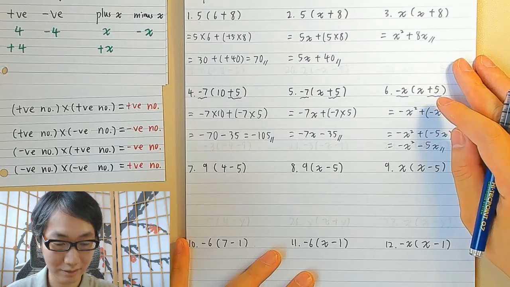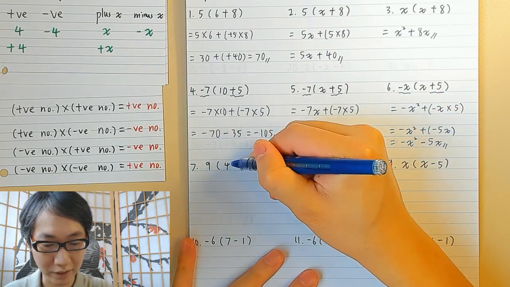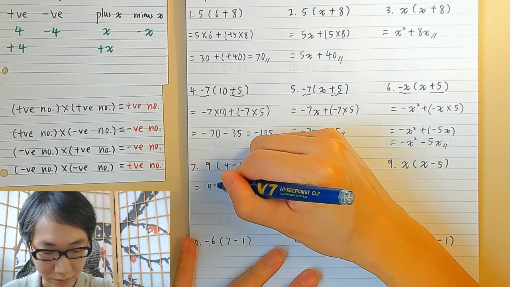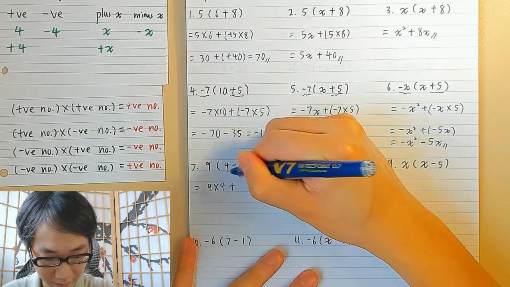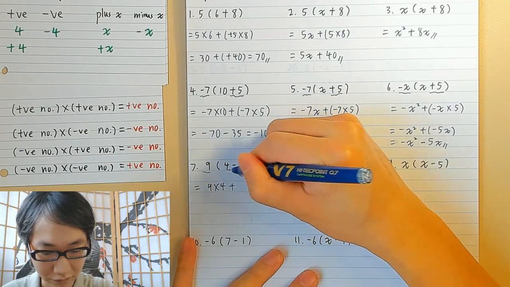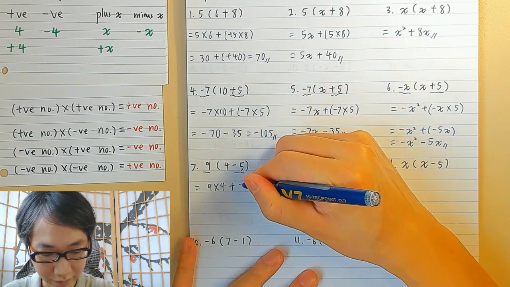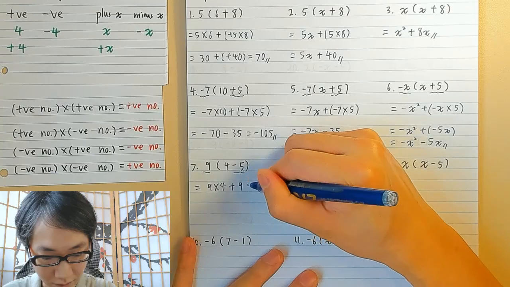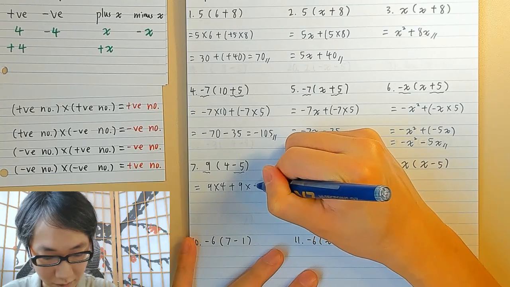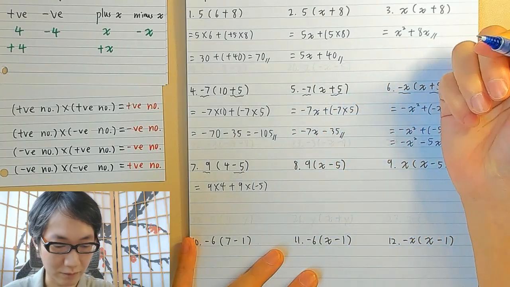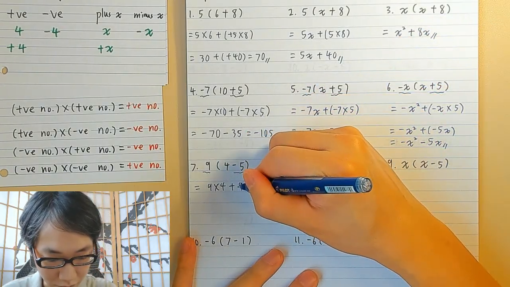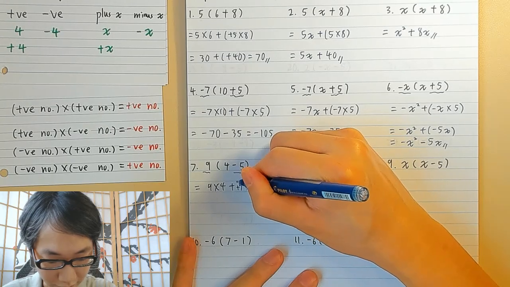Number 7, first term positive 9 times positive 4, and second term positive 9 times negative 5. So 9 times negative 5. I can also include the positive here.